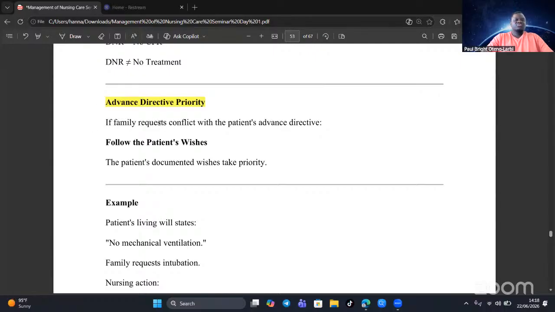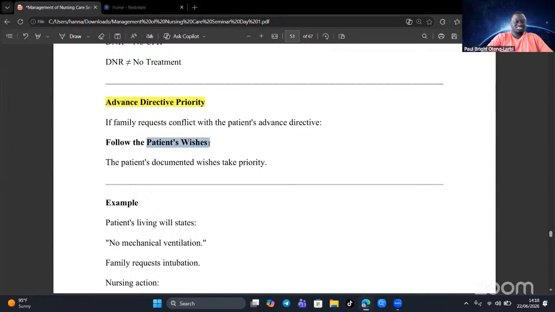Okay. If the patient's family makes a request and it conflicts with what the patient documented so many years or months or weeks ago, it conflicts with the advance directive. The hospital has the right to follow the patient's wishes. Okay, so the patient's documented wishes take priority.